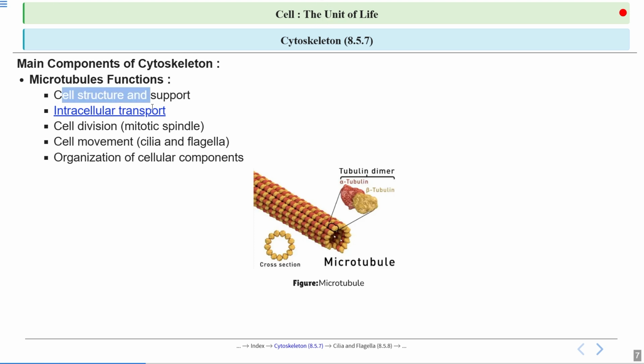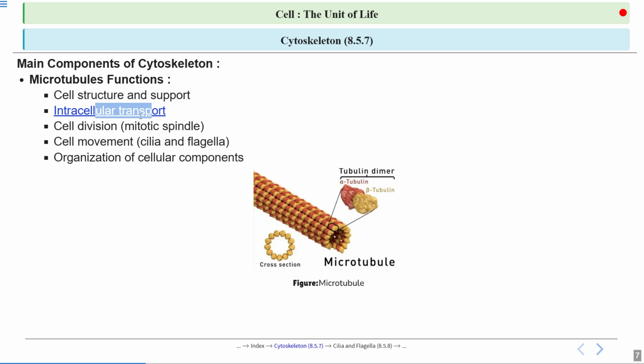Cell structure and support: it helps to maintain the cell shape, so the overall shape of the cell is maintained by the microtubule. Then intracellular transport we have discussed. These microtubules act with motor proteins.